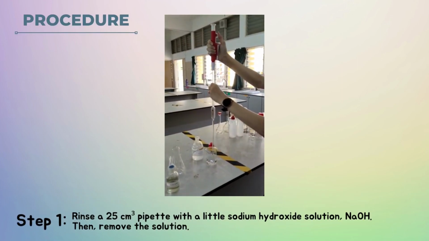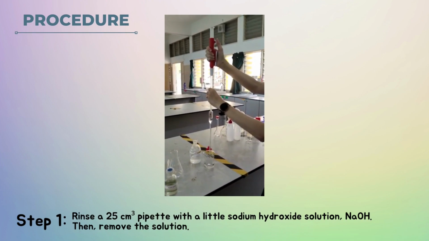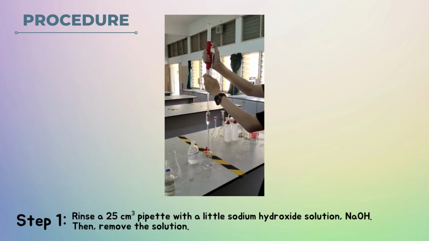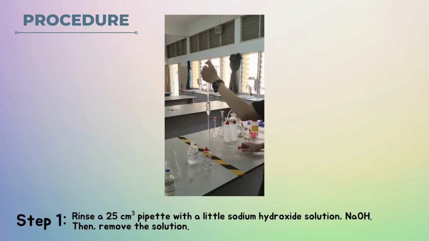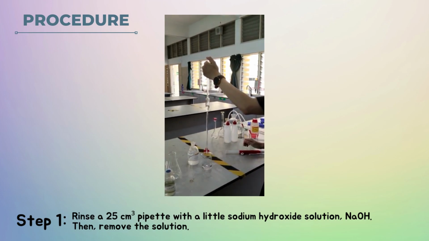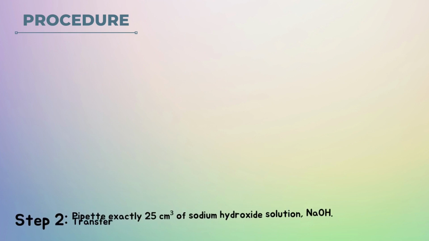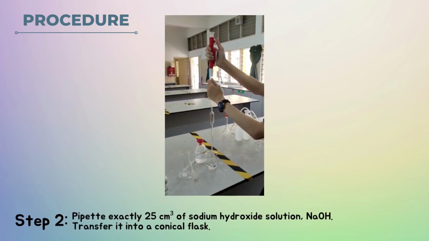Step 1. Rinse a 25 cm³ pipette with a little sodium hydroxide solution, NaOH. Then, remove the solution. Step 2.